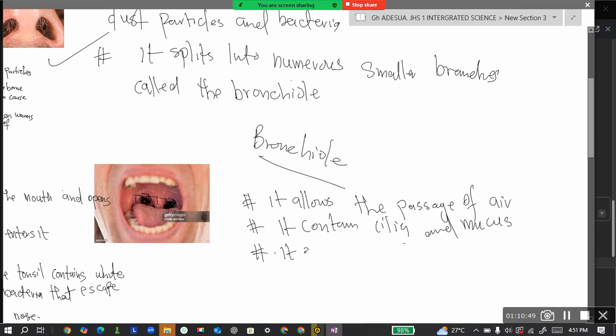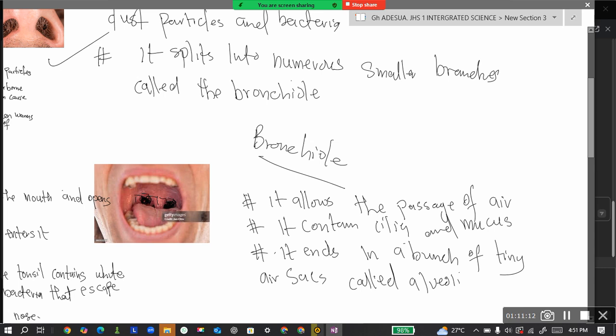So it ends in a bunch of tiny air sacs called the alveoli, where gaseous exchange occurs.